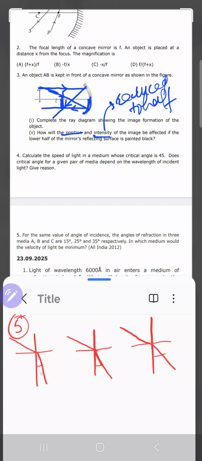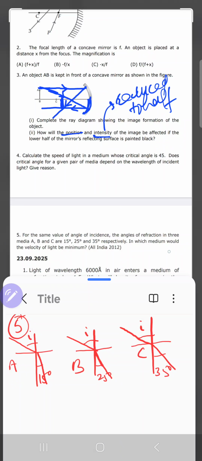Now you can see angle of incidence here is same in all the three media A, B and C. Let this medium be A, this is B and this is C. Here angle of refraction is 15 degree, here it is 25 degree, here it is 35 degree.